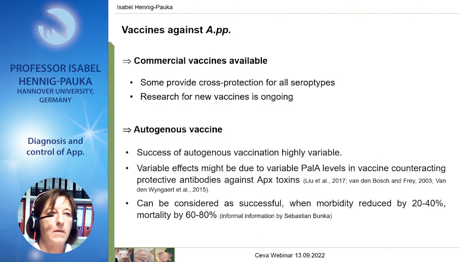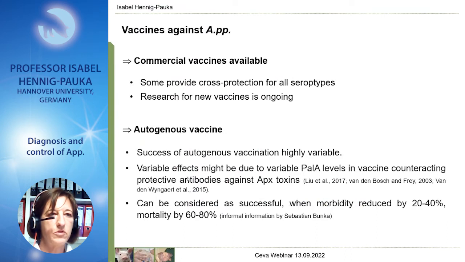So we have to use vaccines against APP, and commercial vaccines are available, and some provide cross-protection for all serotypes. Research for new vaccines is ongoing, so this is very promising. On some farms also autogenous vaccines are used, but their success is highly variable.